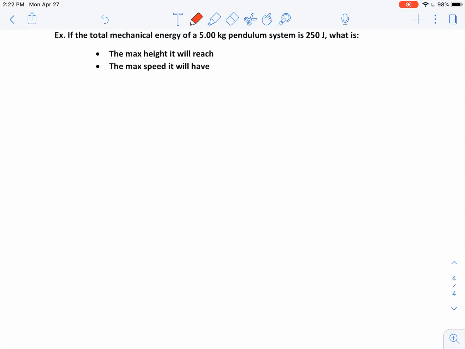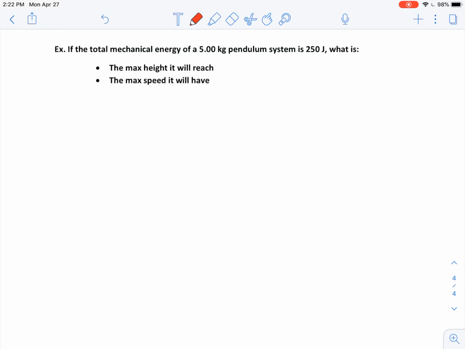We're given that the total mechanical energy of a pendulum is 250 joules. So EM equals 250. And we're told the mass is 5 kilograms. We want to know what the max height is and what the max speed is.